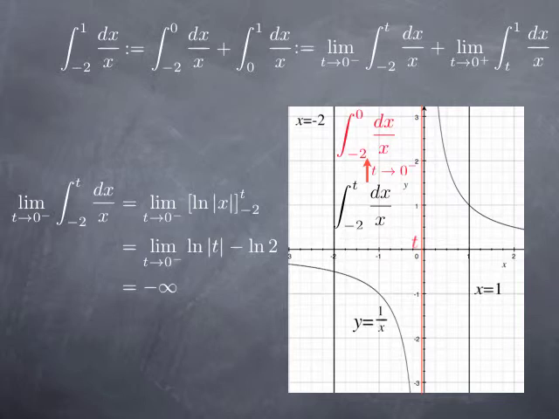And therefore we obtain the limit as t approaches 0 of ln of absolute value of t minus ln of 2. Since the limit of ln of t at 0 from the right is -infinity, and here we have the absolute value, so it doesn't matter from which side we approach 0, it's going to be from the right anyway. So this is what we obtained for the limit. One of these two integrals is already divergent, and therefore this integral is also divergent.